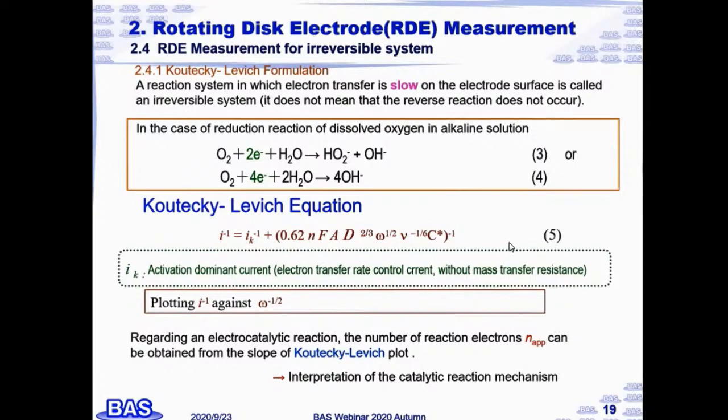The Koutecky-Levich equation is used for irreversible reaction system analysis. In the case of an electrocatalyst, the reaction electron number n_app of the catalytic reaction can be obtained from the slope of the Koutecky-Levich plot.